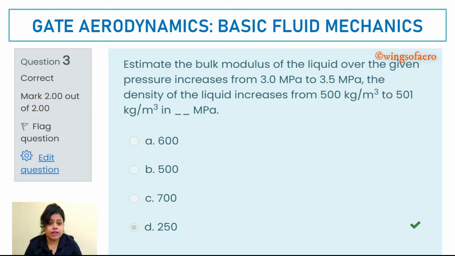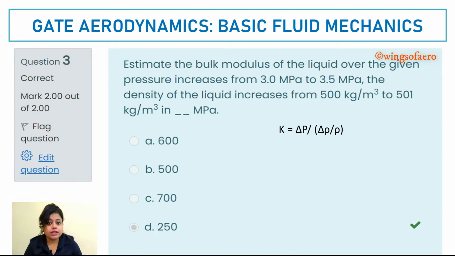Now quickly recollect the formula. What is the formula? The bulk modulus equals the change in pressure divided by the change in density over the original or initial density. Now we have one other formula, that is in terms of volume. If it is in terms of volume, the formula is minus change in pressure by change in volume by original or initial volume.